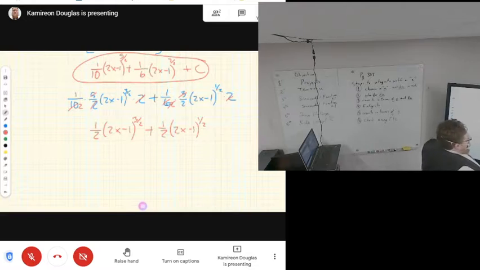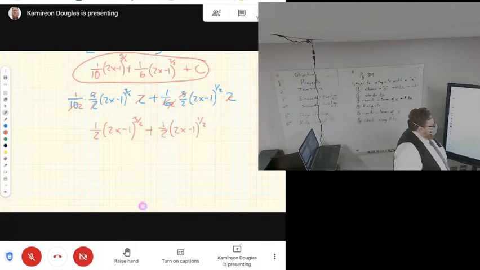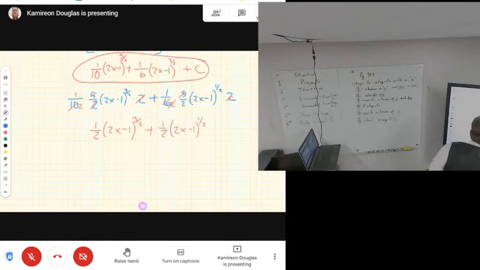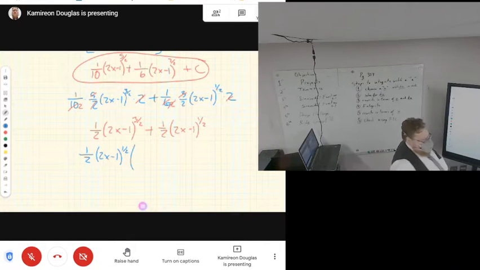At this point, I'm going to use a property of algebra, which allows me to rewrite a function by factoring something out. There we go. So I pull the 1/2 out, and I'm going to pull a 2x minus 1 to the 1/2 out. Now, if I pull that 2x minus 1 to the 1/2 power, this comes from college algebra.